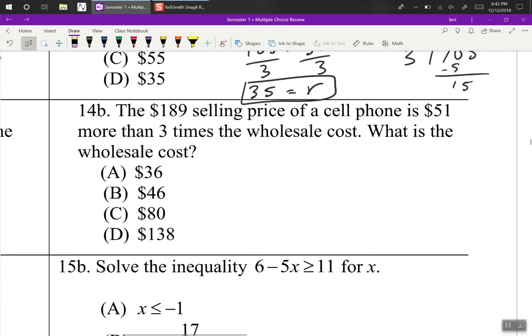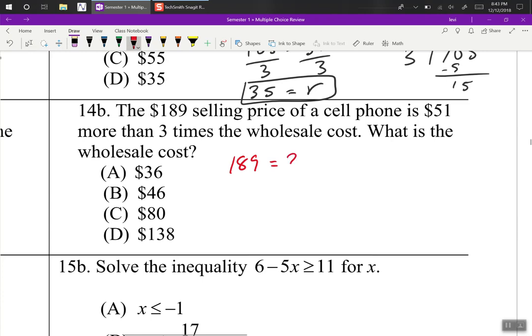14b, the selling price of a cell phone is $189, which is $51 more than 3 times the wholesale cost. What is the wholesale cost? So 189 equals, the selling price of a cell phone is 51 more than 3 times the wholesale cost.